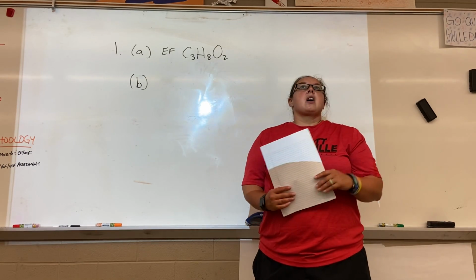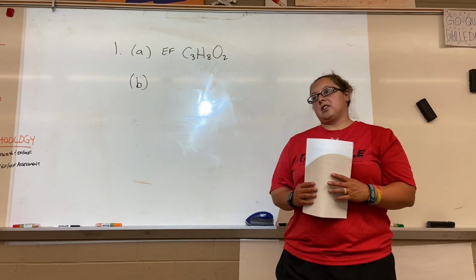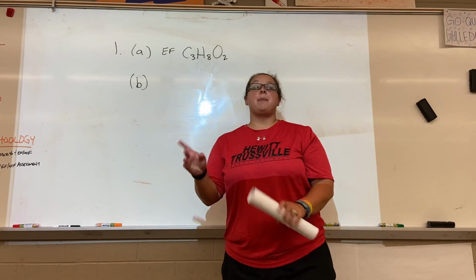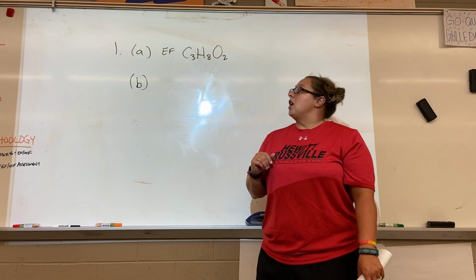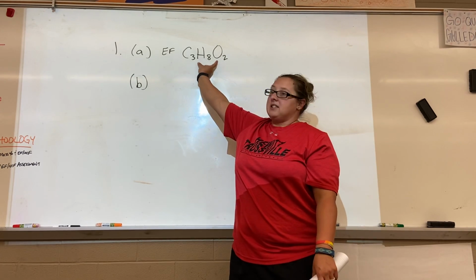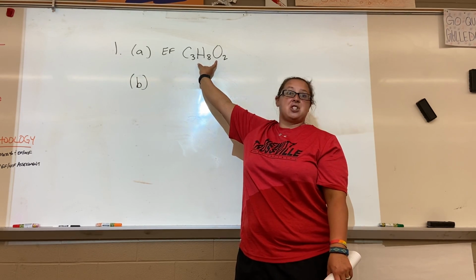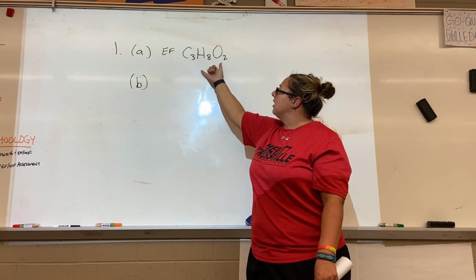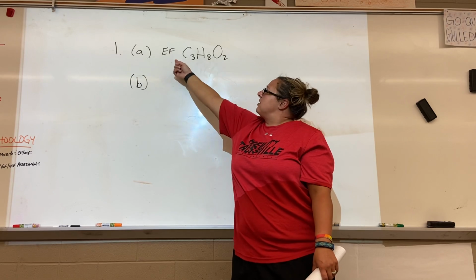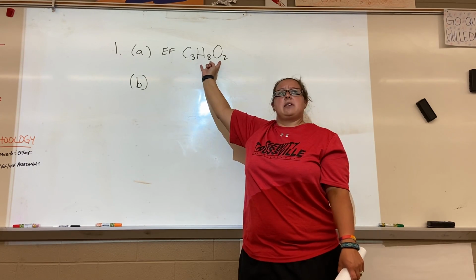So molar mass, we have to understand what it is. There's a couple of ways that we can calculate molar mass. If we know what the compound is, we can simply add the masses up on the periodic table. If they wanted the molar mass of just the empirical formula, that'd be pretty easy, right?